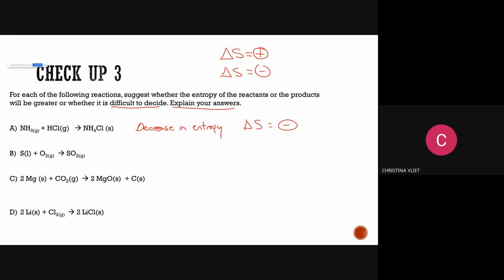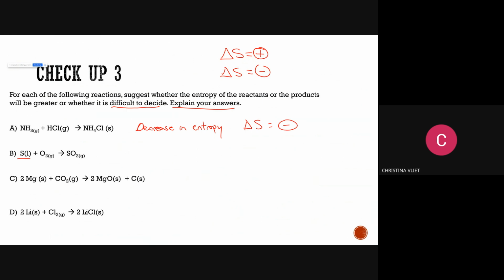You're going to something more complex. That's a gas. Here you have a liquid turning into a gas, right? But the moles of gas are the same on both sides, but here it's a little bit more complex. So I would say there might be a slight increase in entropy here, or difficult to decide. One of those two is true.